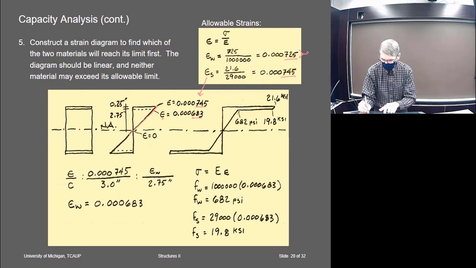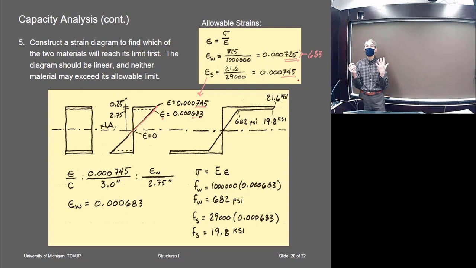This is 683, right? So that's lower than the 725. So in other words, the wood is not strained above its capacity. It's safe. So in that way, I've determined what the strains are, the allowable strains for each material.